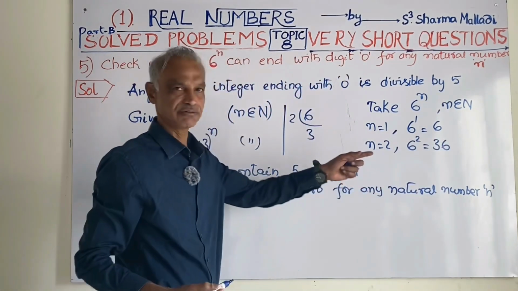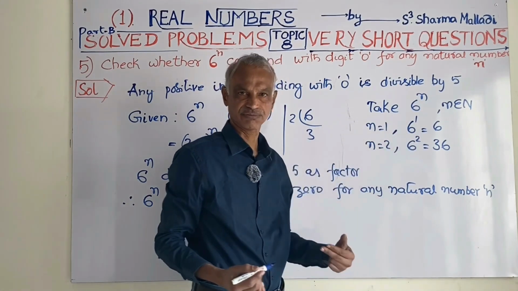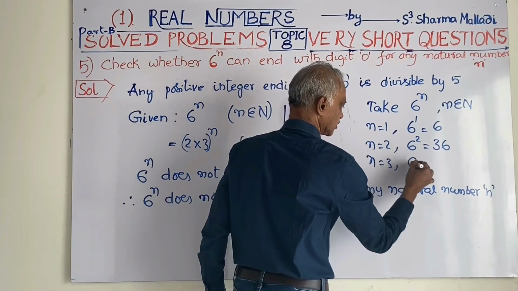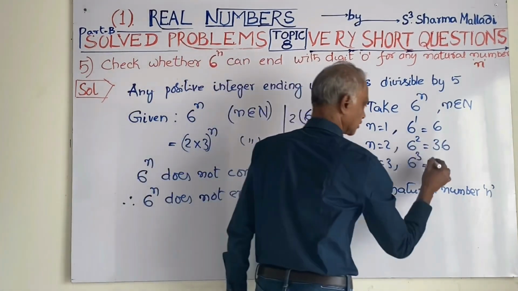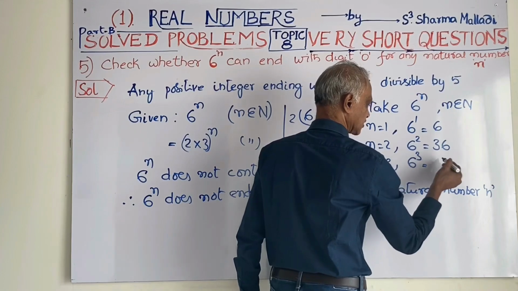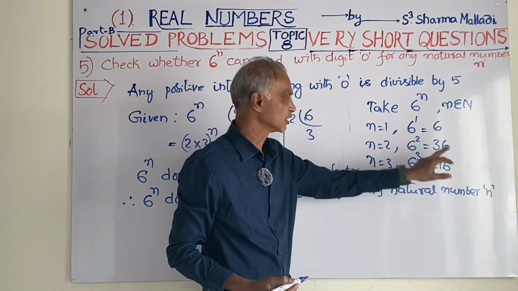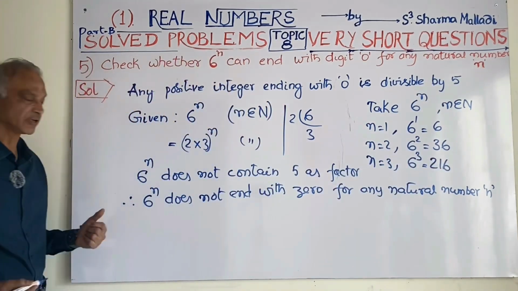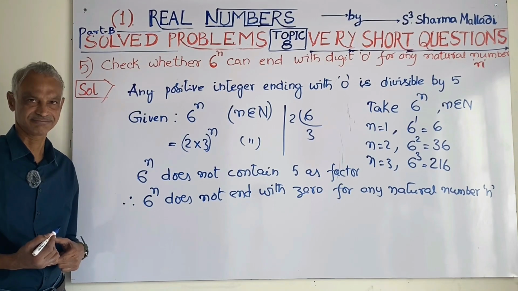It is not ending with 0. Say you take n is equal to 3. 6 cube means 6 into 6 into 6, that is 36 into 6, 216. If you see these digits, they are not ending with 0. That's why 6 to the power of n does not end with 0 for any natural number n.